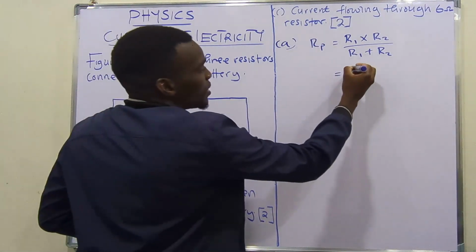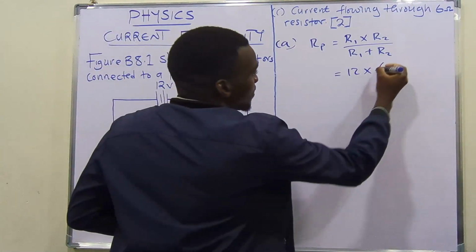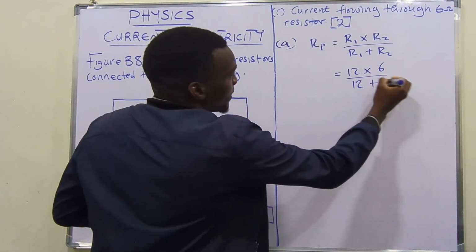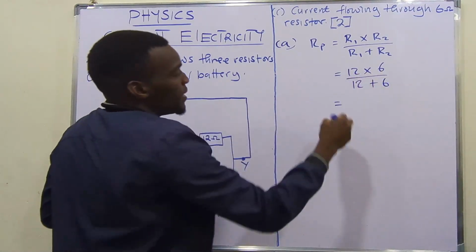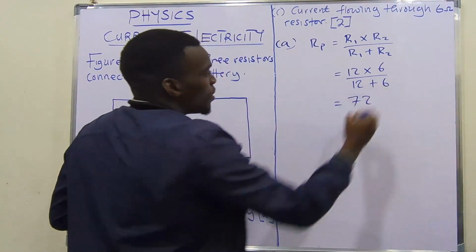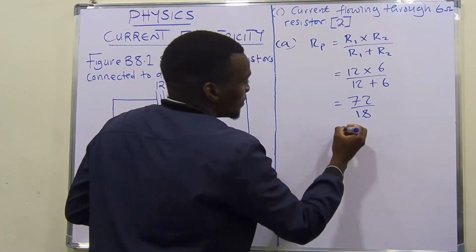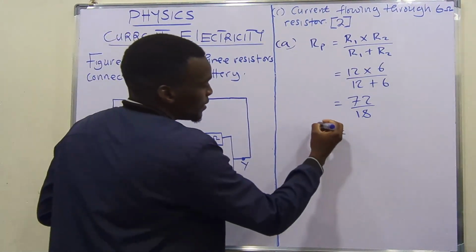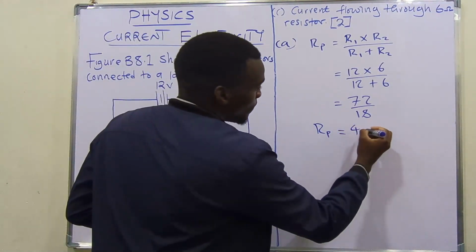We replace R1 with 12, multiply this with 6, and then divide by 12 plus 6. 12 multiplied by 6, you get 72. And then 12 plus 6, you get 18. 72 divided by 18, we have the resistance in parallel equal to 4 ohms.